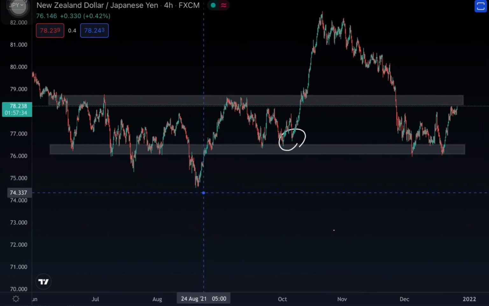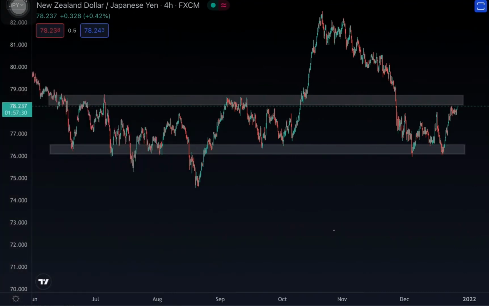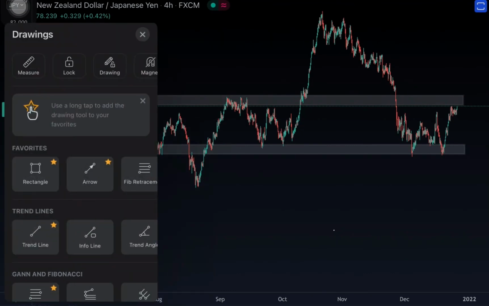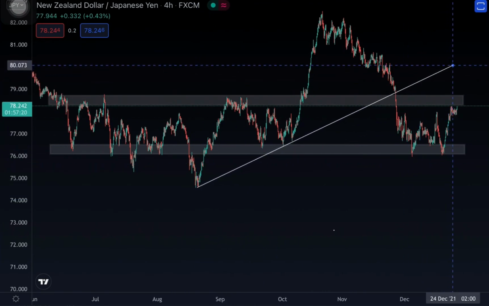So what should I do right now? We should connect the major points. So let's draw a trend line in here, and as you see, price had a great reaction to the trend line that I drew.